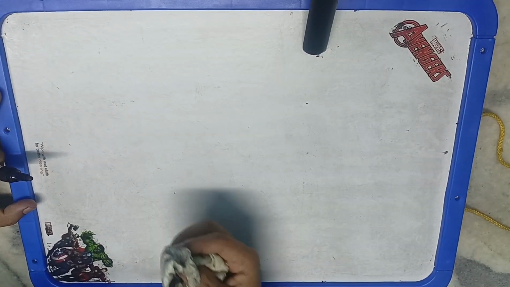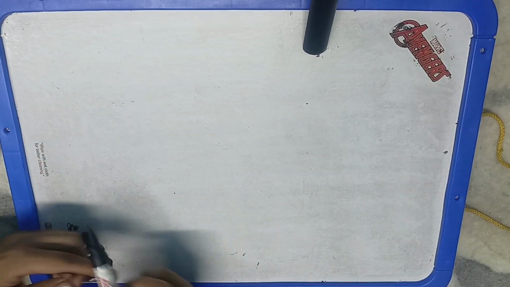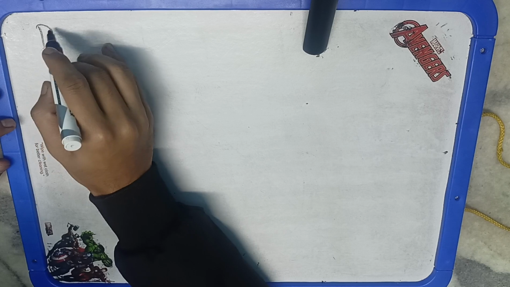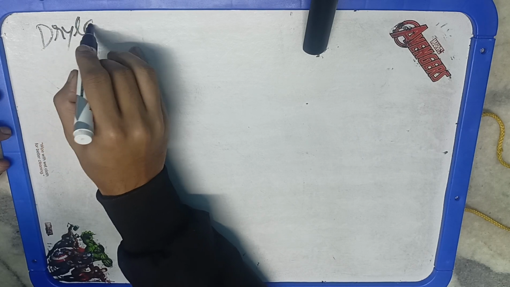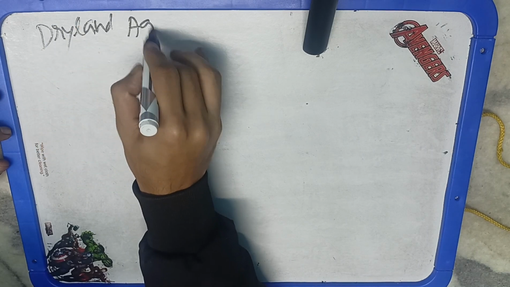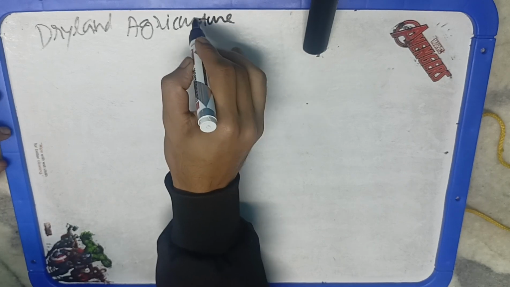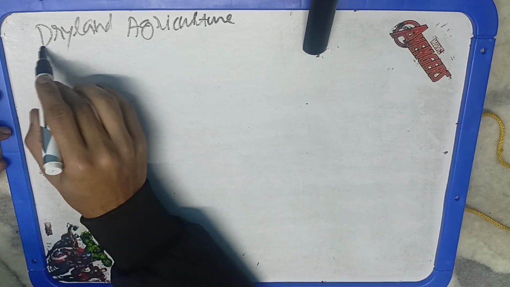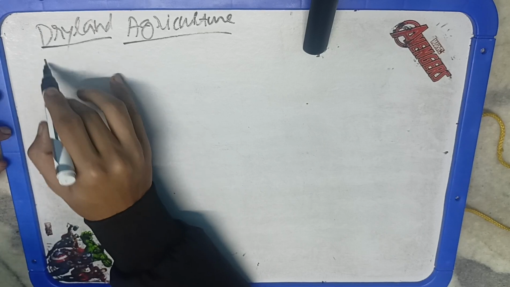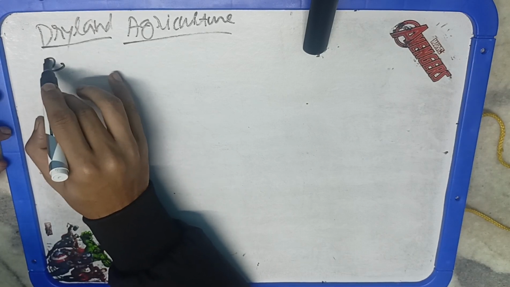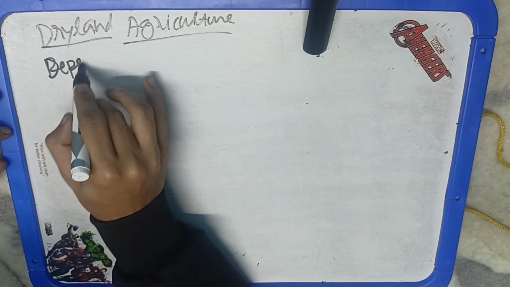Now the last topic of this lecture is dryland agriculture and its problems. First you have to understand what dryland agriculture is. Agriculture that depends on rainfall for its water requirement is known as dryland agriculture. In UP there is no dryland agriculture because irrigation facilities are there.